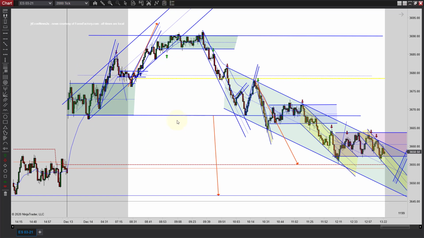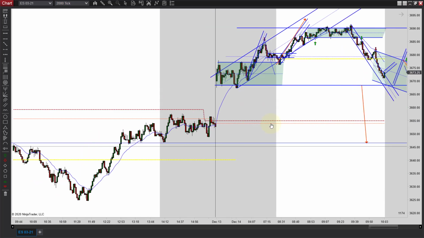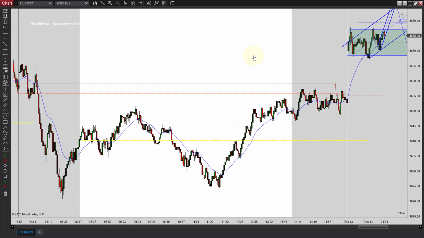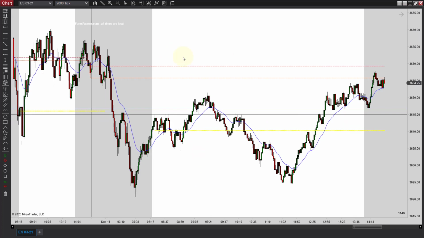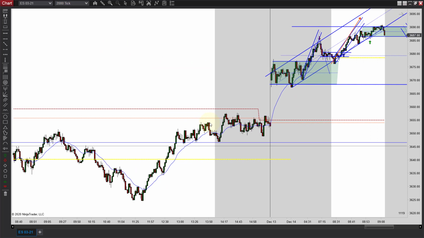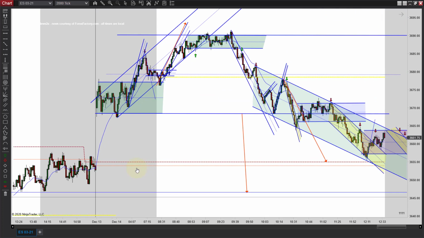And if we attempt to fill this gap, your first target was this high from Friday. Actually, the high from Friday is over here, but this was in the overnight, and I would be looking at the daily chart, which is going to be these highs right in here and right in here.